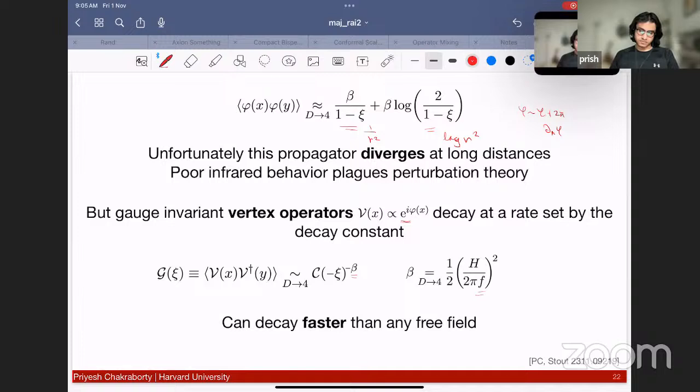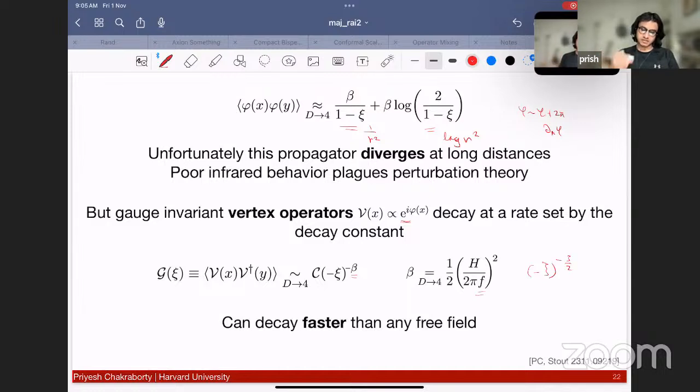And just an important point, this beta can in principle be as large as you want. So it can decay faster than any free field. Previously we saw that the fastest a free field can decay is c to the minus 3/2.